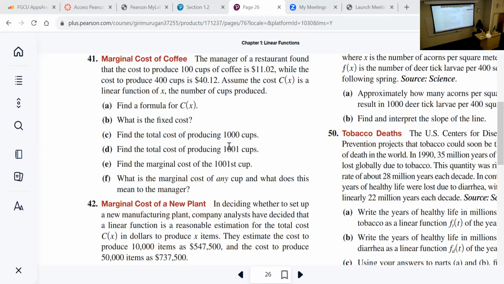When X is 100, what is C of X? $11.02. When X is equal to 400, what is C of X? $40.12. Do you believe that this is a case where the intercept is 0?